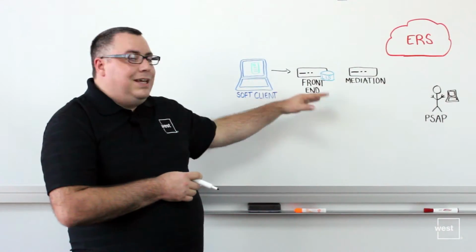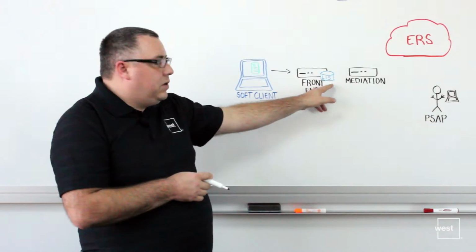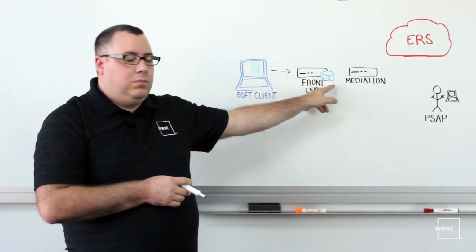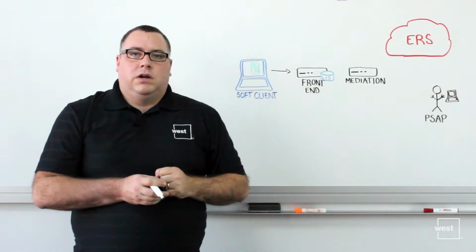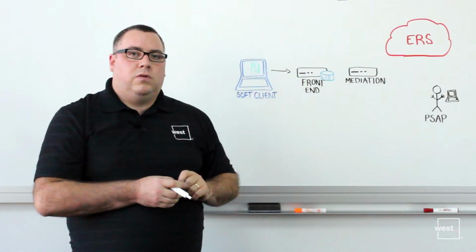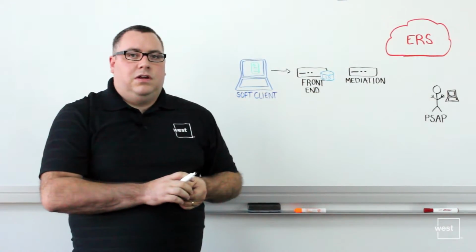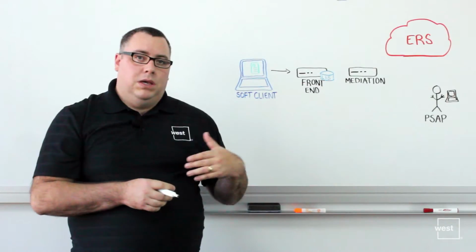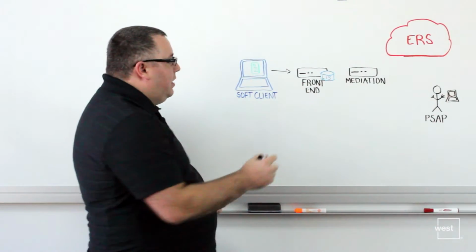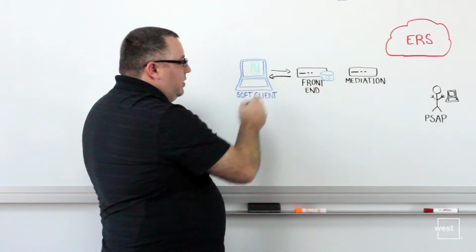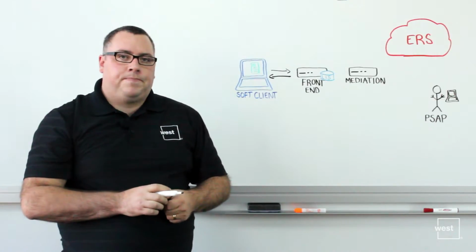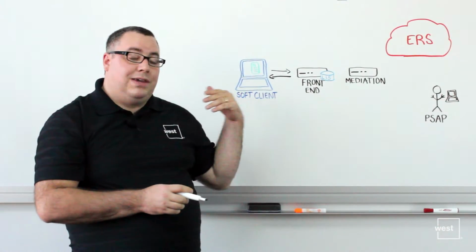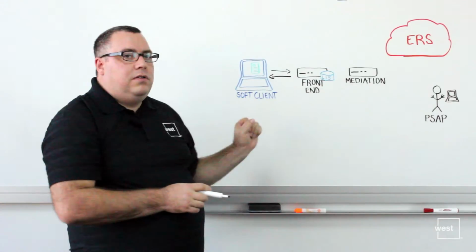The front-end server takes all that information and then queries the location information service, or LIS, database to find a matching location record. It says, hey, I found you on this wireless access point. This BSSID for the access point has been mapped out to be the second floor conference room. And then at that point, it returns the location data to the client. The client will cache that information and hold on to it.